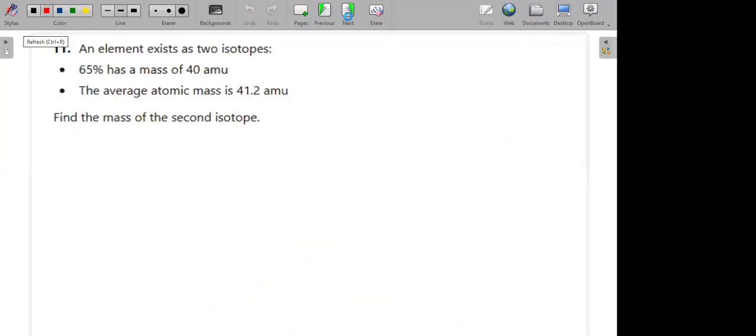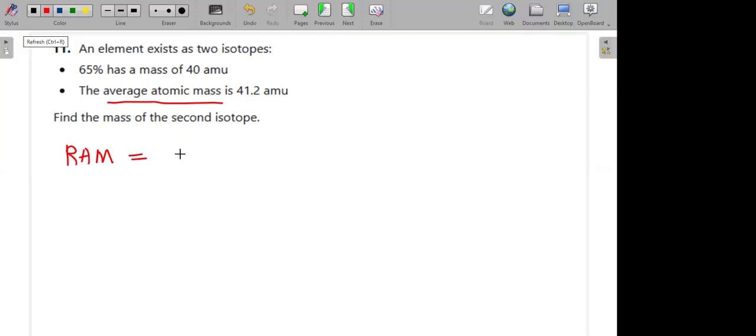Here they're saying an element exists as two isotopes. 65% has a mass of 40 atomic mass units, and the average atomic mass is 41.2 atomic mass units. Find the mass of the second isotope. Remember, the average atomic mass is the same as the RAM.